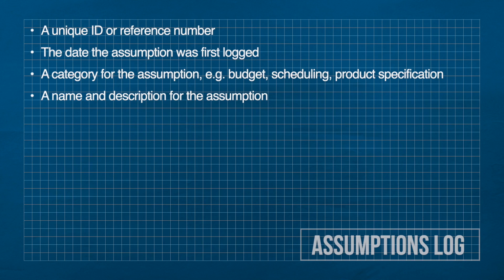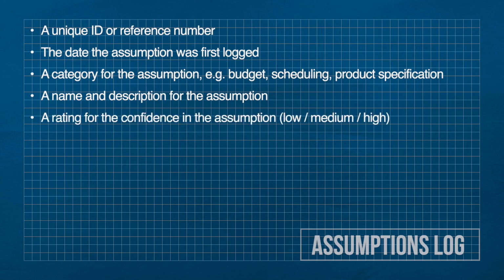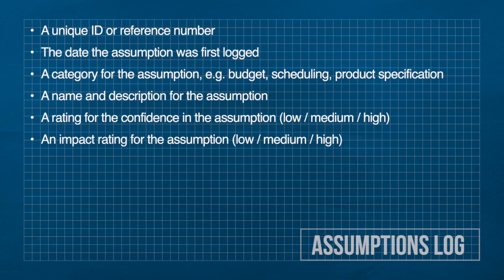You might want to include a rating for the confidence that you have in the assumption, low, medium, or high confidence. And you might also want an impact rating for that assumption to show the impact of continuing with that assumption and it then proving to be wrong, low, medium, and high again.